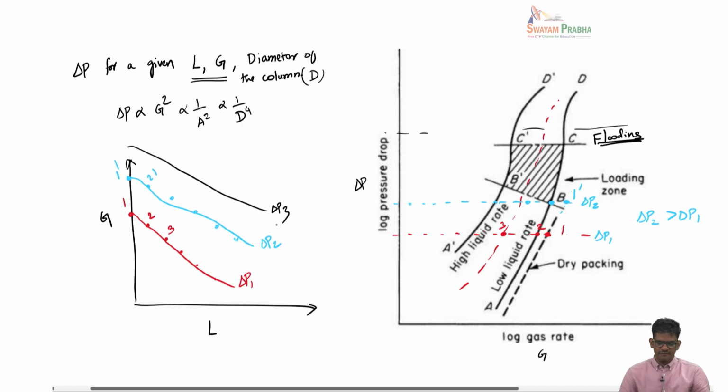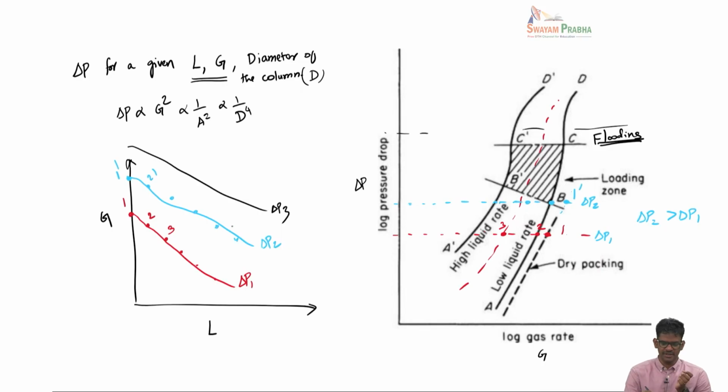So now when I have the plots of this order, then I can easily say what is my design pressure, so that I am not flooding the column. I may choose a pressure drop corresponding to flooding, or maybe 50% of the flooding pressure drop, or maybe 80% of the flooding pressure drop.